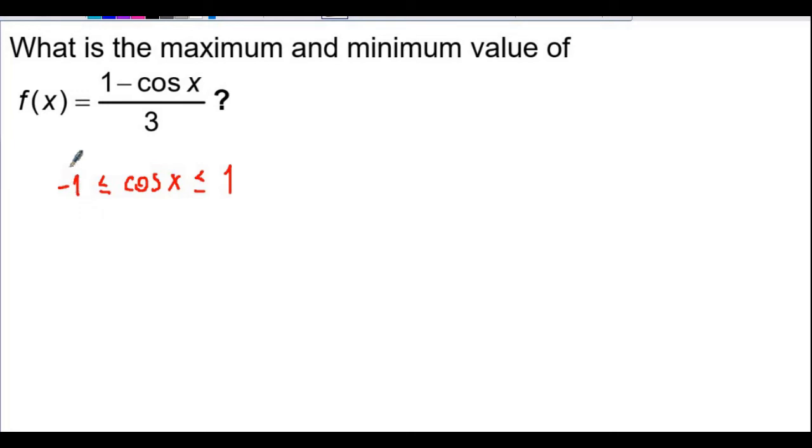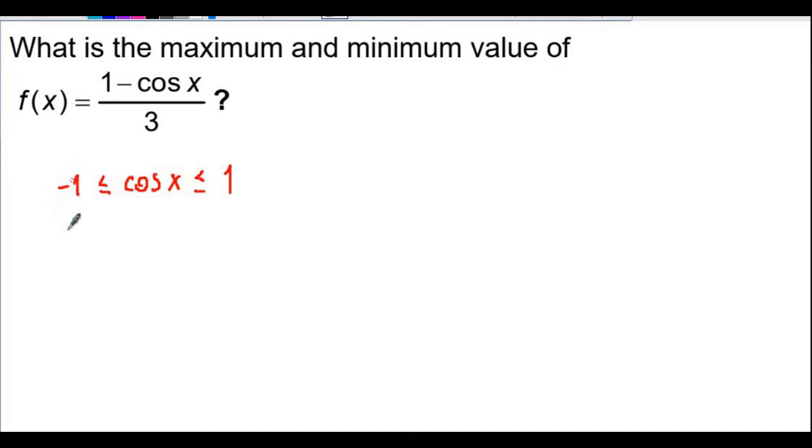So we can multiply all these values by a negative number. If you multiply by a negative number, you have to change these inequalities. So in order to get negative cosine of x, I'm going to multiply all these values by -1.